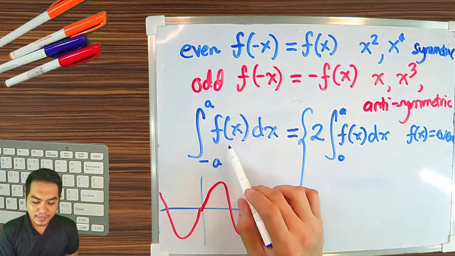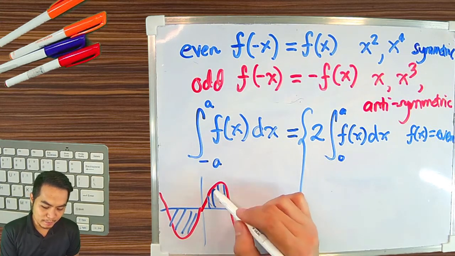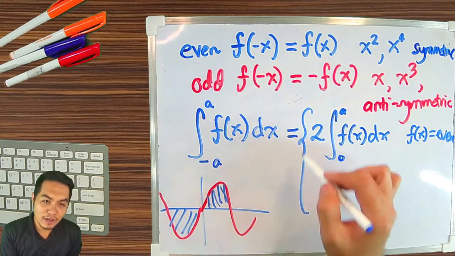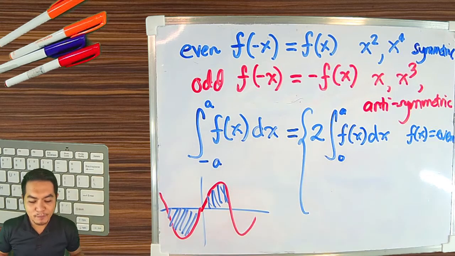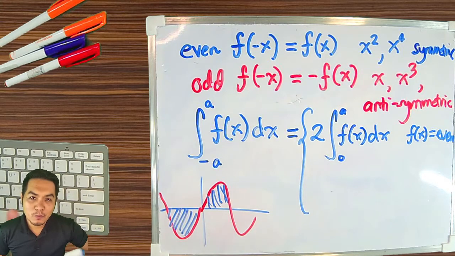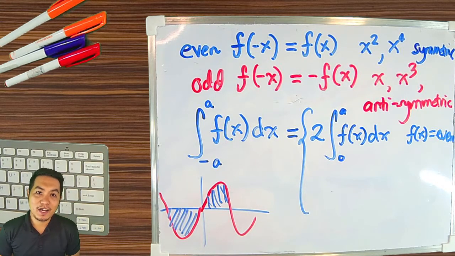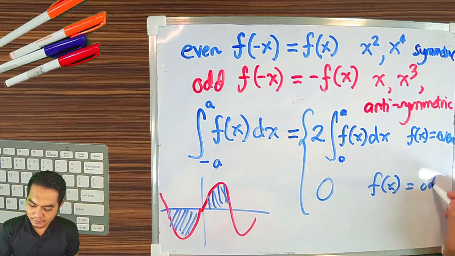So for f of x dx under this curve, this is a positive value of the integral, this is the negative value of that integral, and that basically cancels each other out. If you have an even limit, then all of this side will cancel with all of the other side. So you will get 0 if f of x is odd.